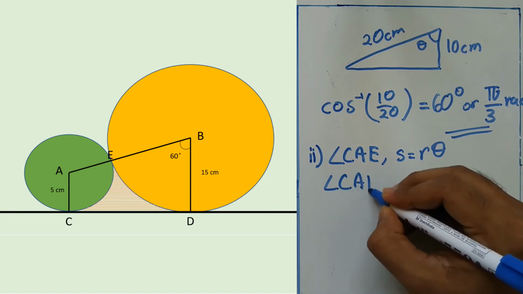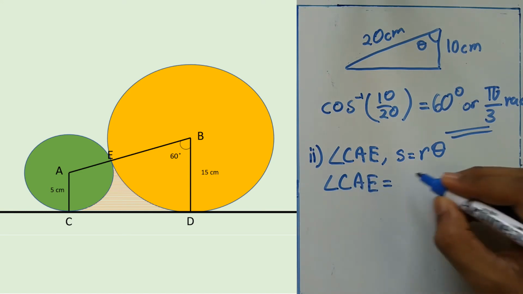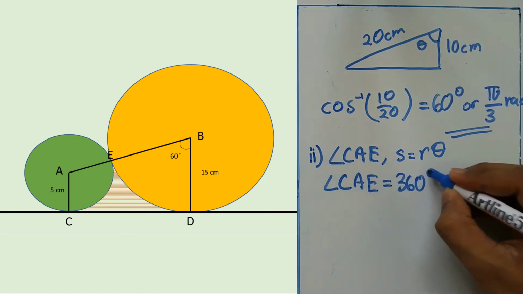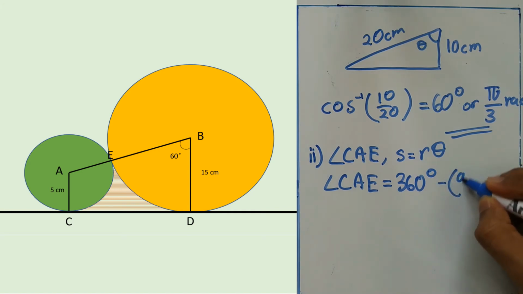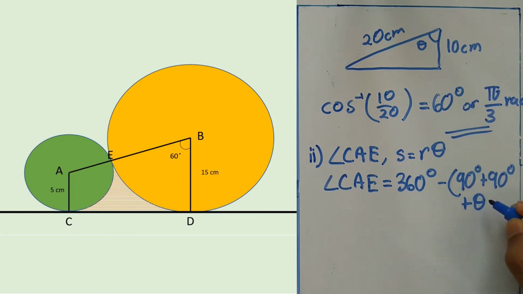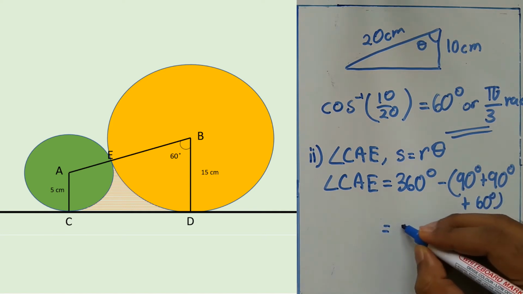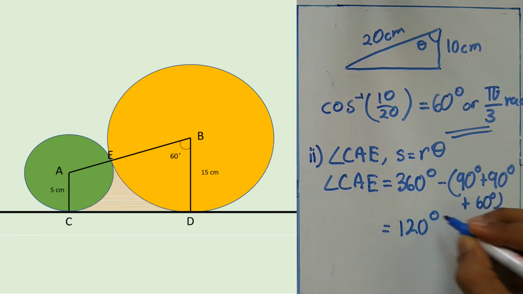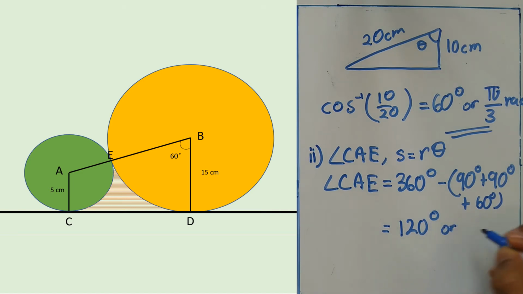Angle CAE equals 360 degrees minus 90 plus 90 plus theta, which is 60. You'll get 120 degrees, or 2 pi over 3 radians.